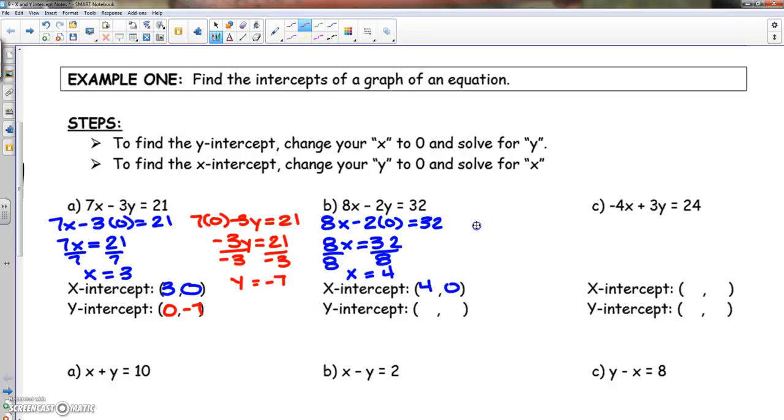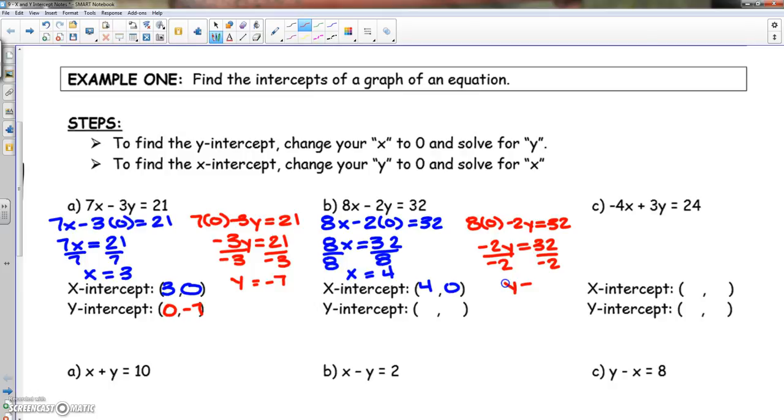This time I want my y, so I have to eliminate the x. So this time I plug in 0 for x. So 8 times 0 minus 2y equals 32. This goes away and I'm left with negative 2y equal to 32. Divide by negative 2 to get y by itself.